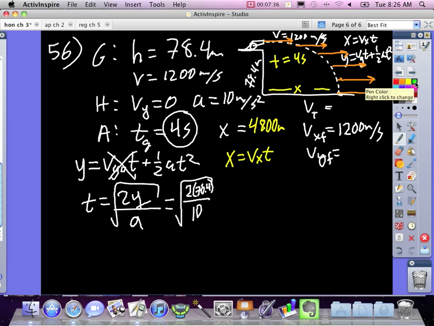Again, I'll switch colors so everything's clear for you. We have our givens over here. We want this. So what I'm going to do is I'm going to say, what equation gives me... Andrew? Where's Andrew? Oh, there's Andrew. Okay. Andrew, what equation gives me final velocity if I know acceleration and time?